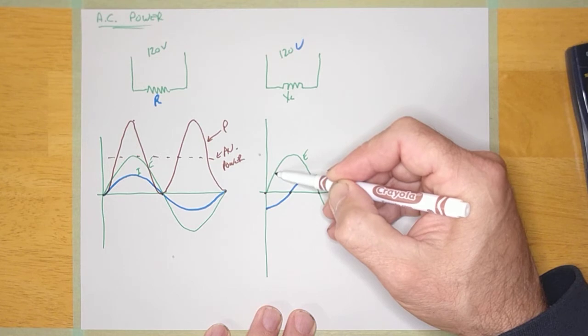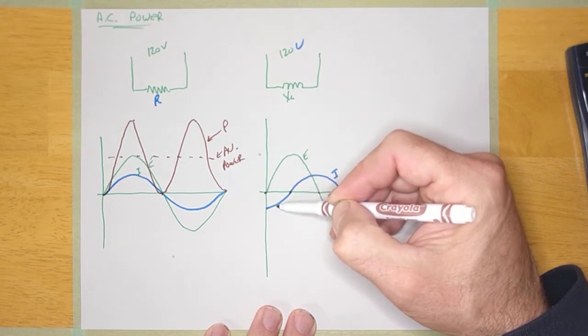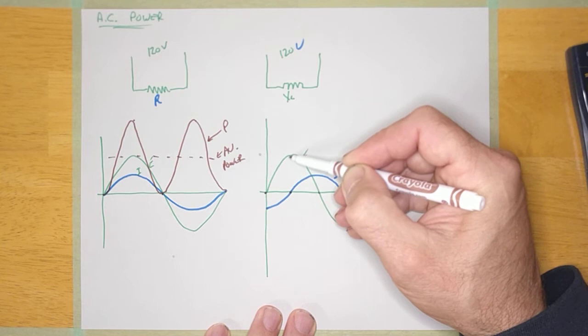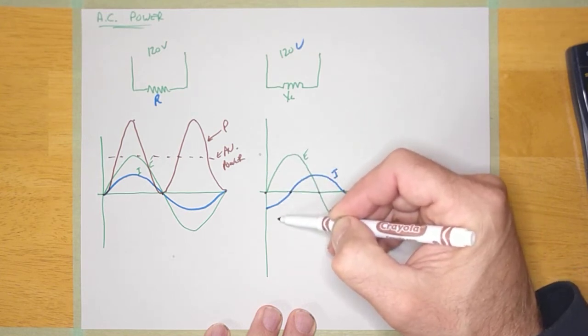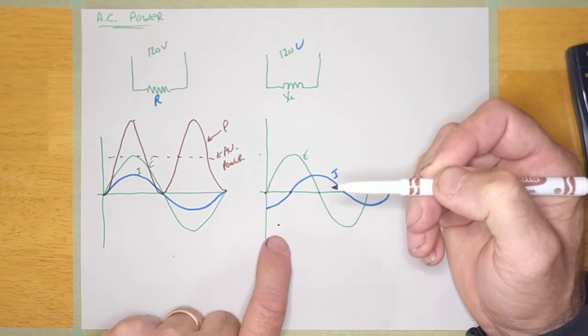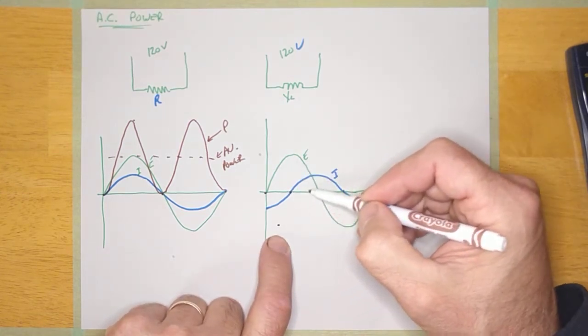And here I have a positive value of voltage and a negative value of current. A positive times a negative is a negative. Neither one of these is peaking right there. So it's not too much power, but it's negative. I know it's something like that. There it's 0.